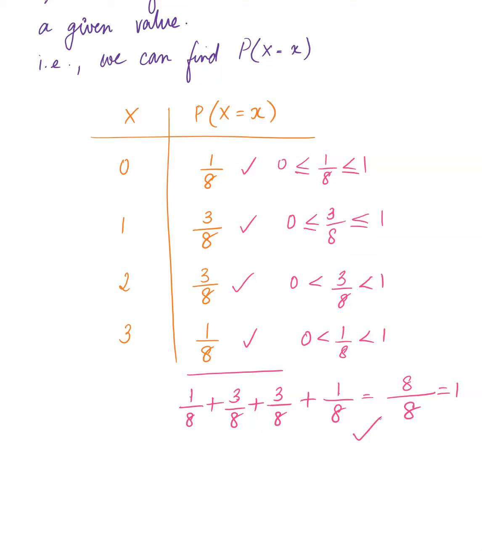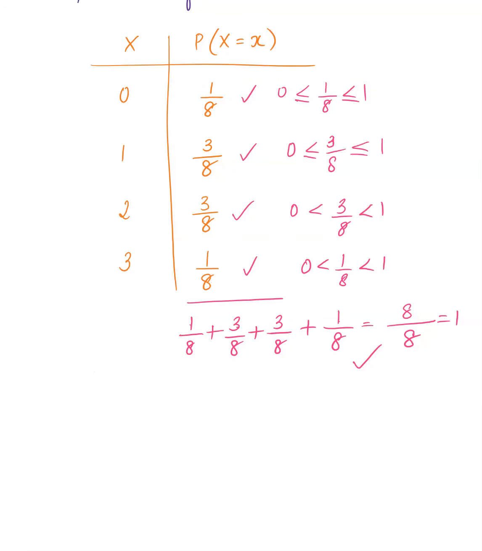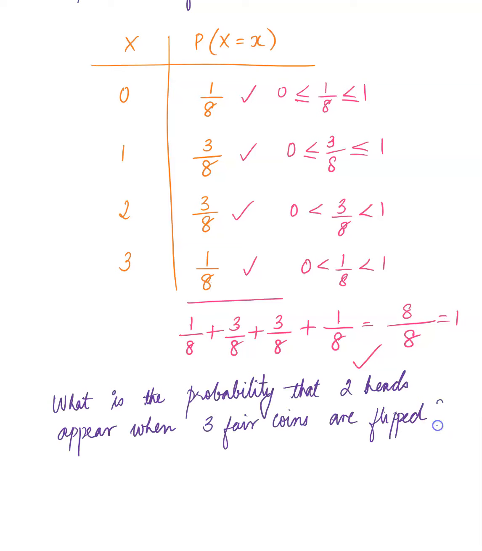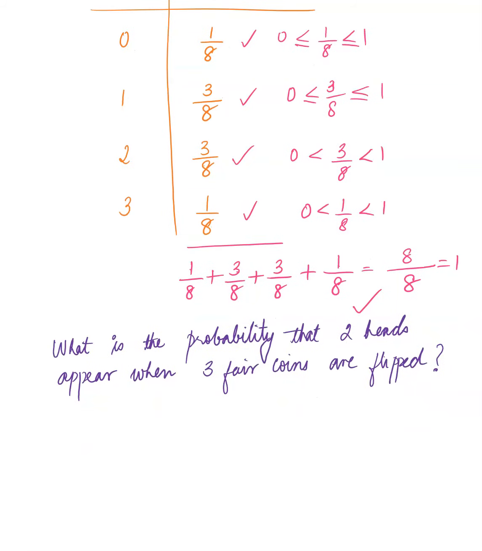So once we got these 2, now we will try to spin a problem around this. If I say, what is the probability that 2 heads appear when 3 fair coins are flipped? That's my question. The way you write this in statistics would be P of x equals 2 heads.